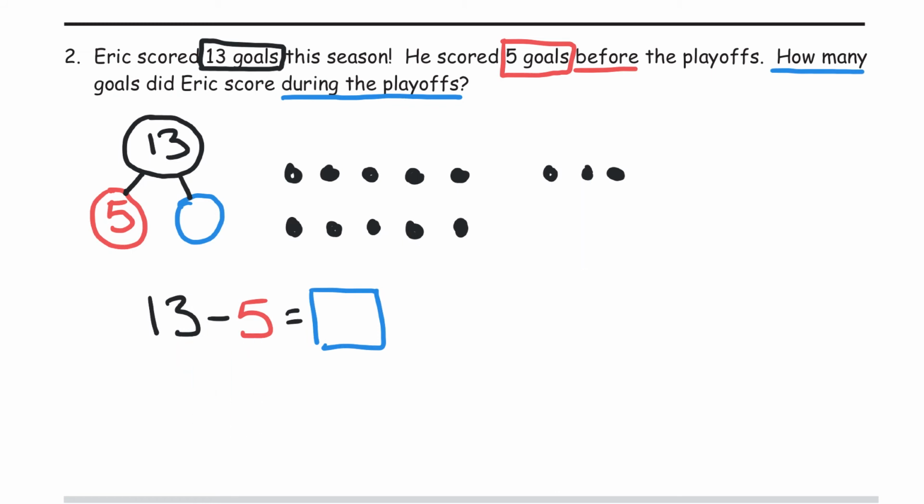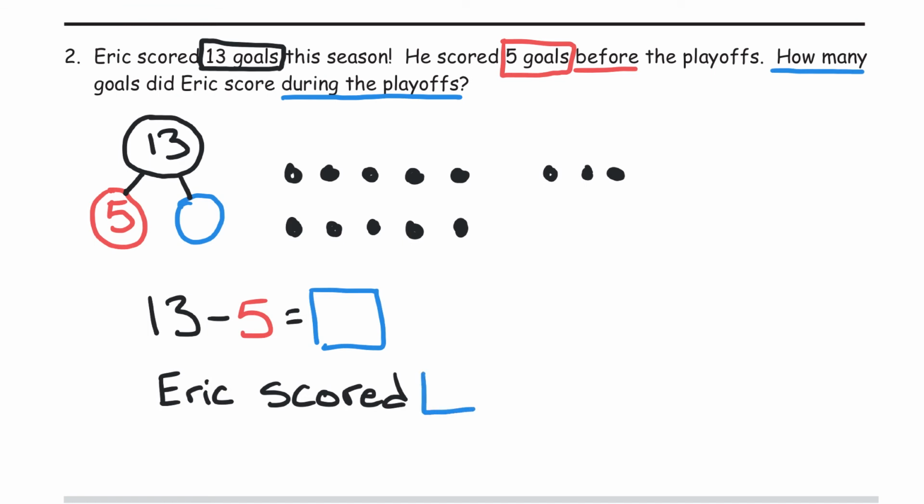And I'm going to give you a sentence frame for writing out the answer on this. So Eric scored, E-R-I-C, Eric scored, S-C-O-R-E-D. And then that's our mystery number.